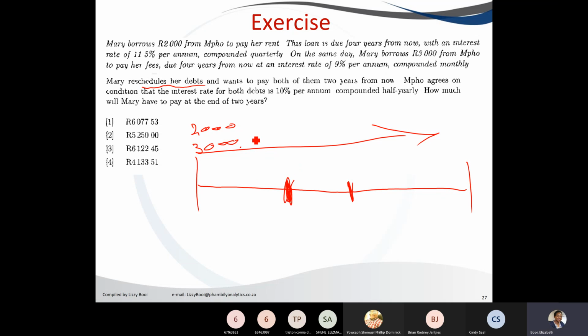So she wants to do it at this point. Since the money is still going forward, and since both of them are due in 2 years from now, they agree the conditions are the same: 10% per annum, compounded quarterly.